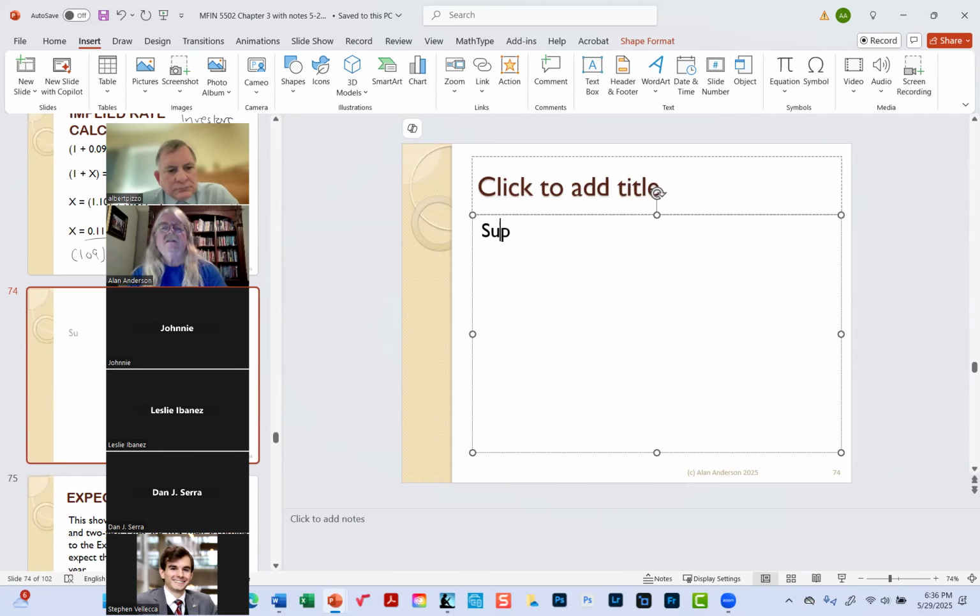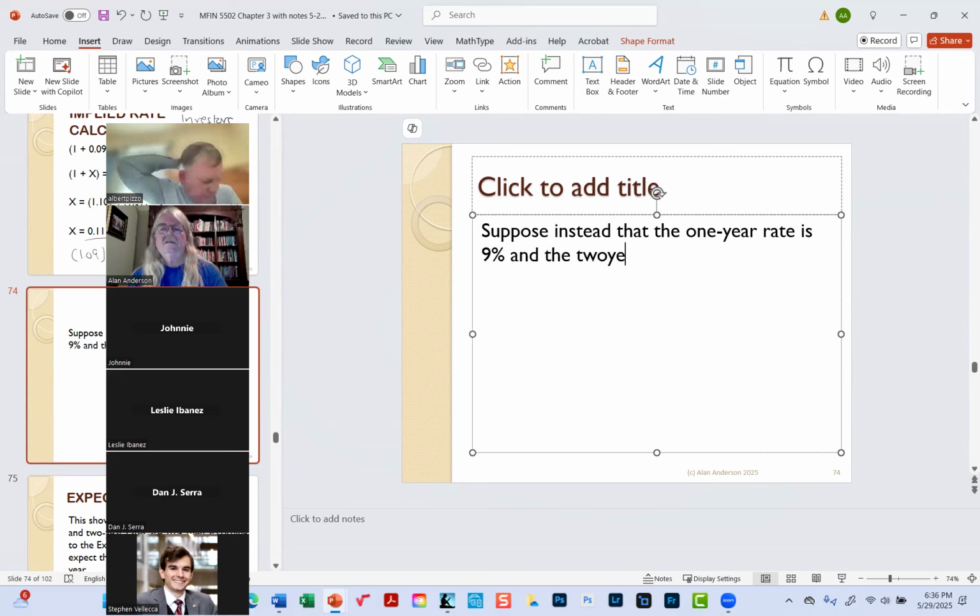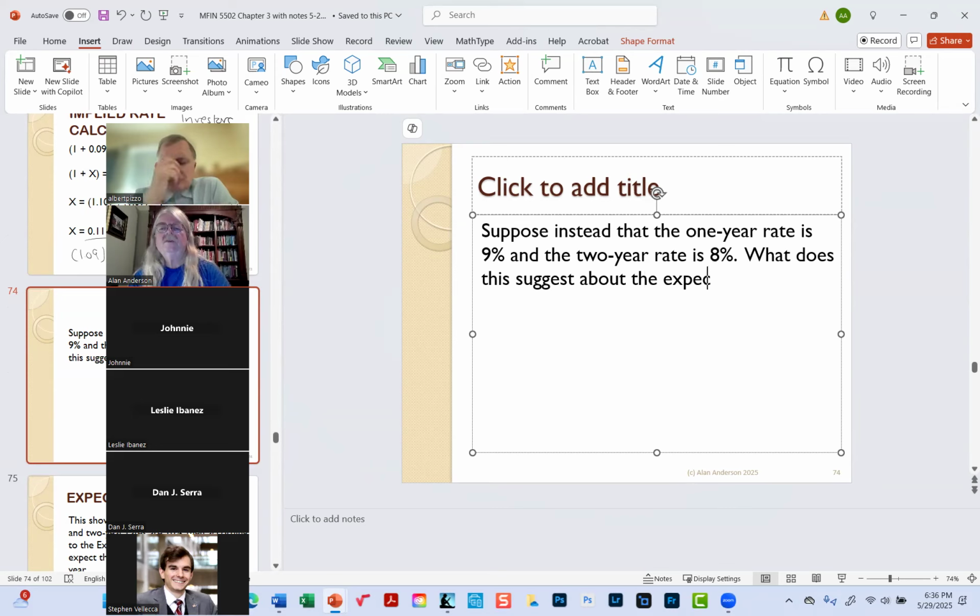Suppose instead, the 1 year rate is 9% and the 2 year rate is 8%. So the yield curve is sloping down. What does this suggest about the expected 1 year rate next year?